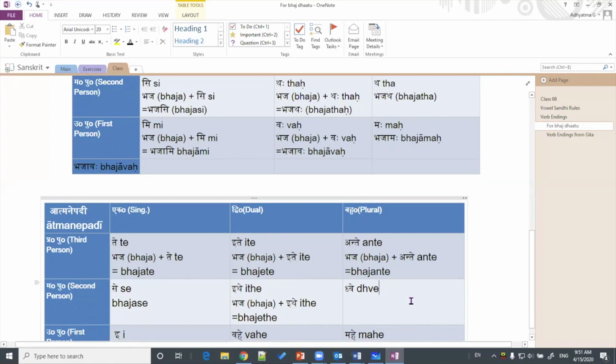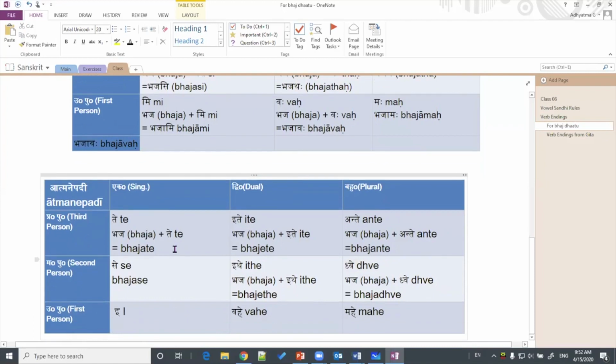And this will become... so this actually has no difference, just you add the suffix here. So bhaja plus dhve becomes bhajadhve.